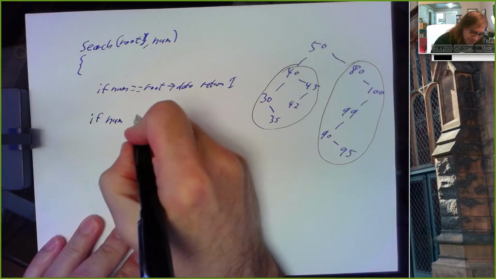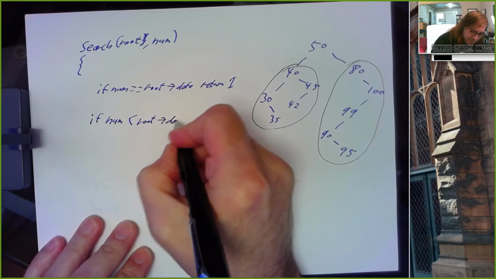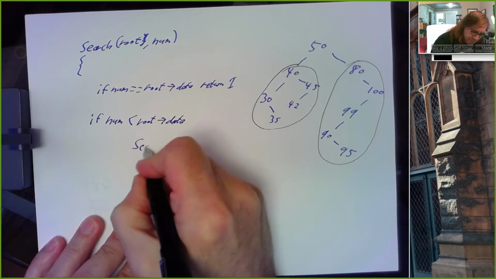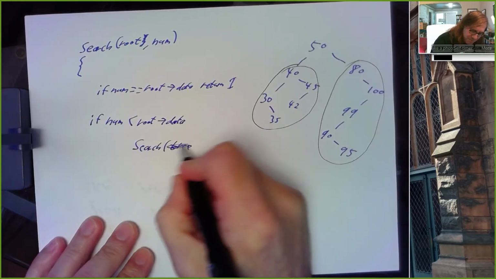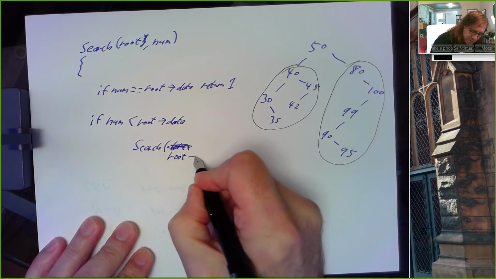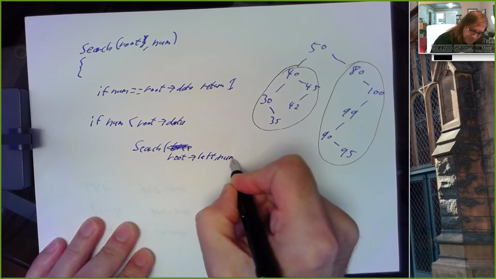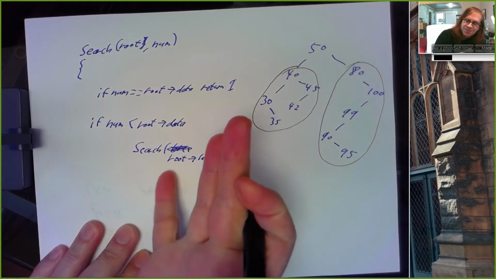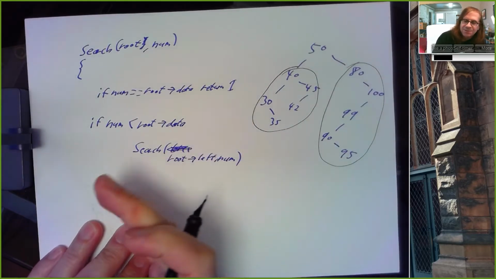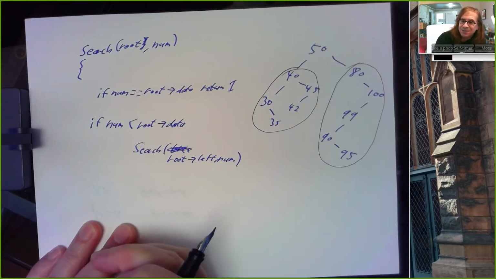If our number is less than the root node's data, let's just search the left subtree. Search root arrow left for our number. And if that search says I found it, then we found it. And if that search says I didn't find it, then we didn't find it.